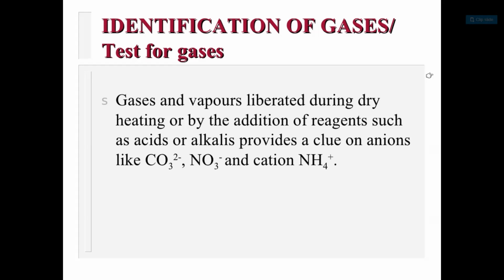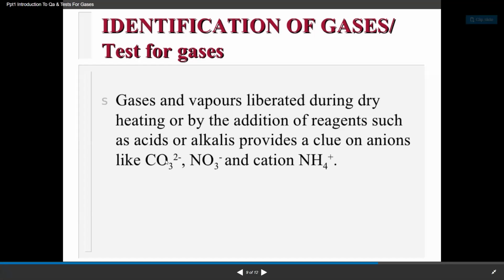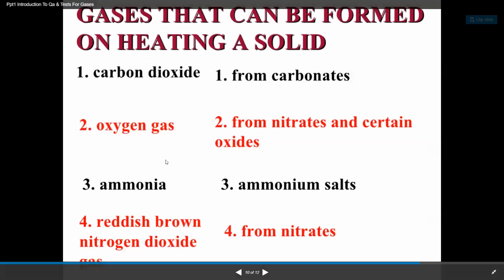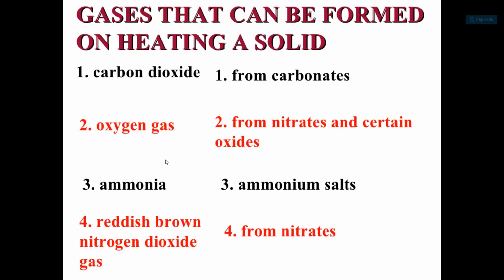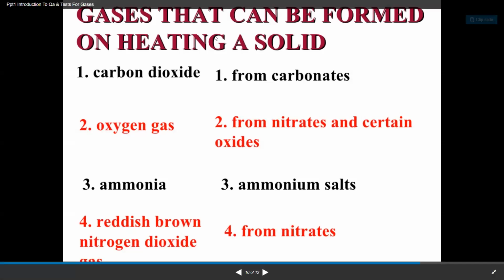What it is trying to say is that some gases like carbon dioxide are produced when an acid reacts with a compound that has a carbonate ion in it. So let's see in detail how the different gases can be formed on heating a solid.